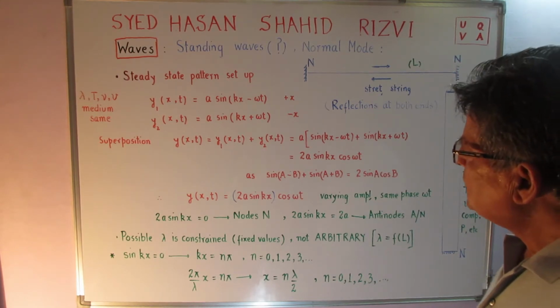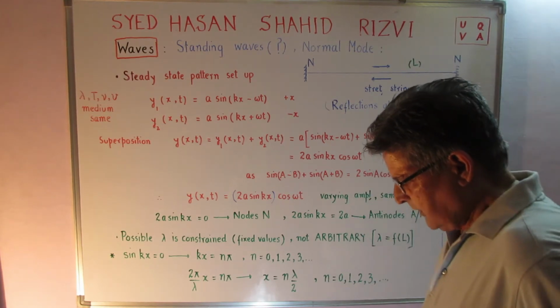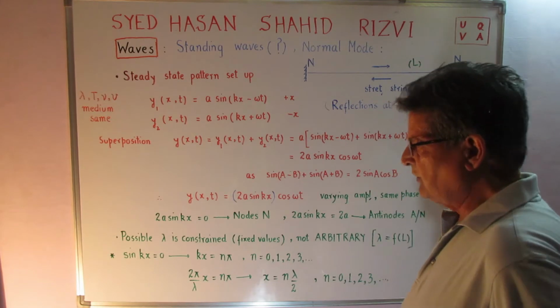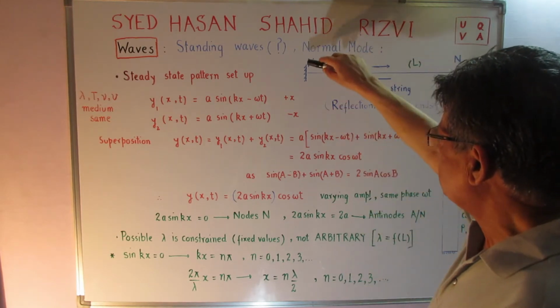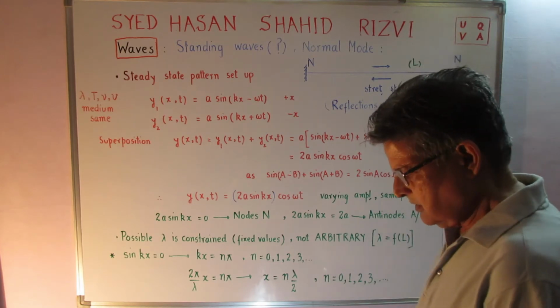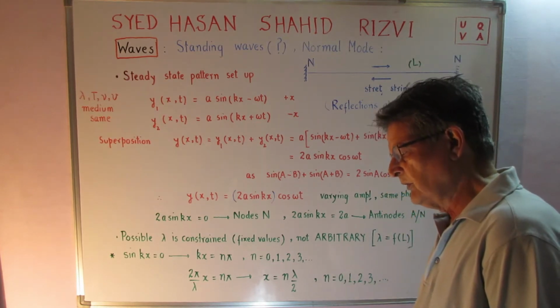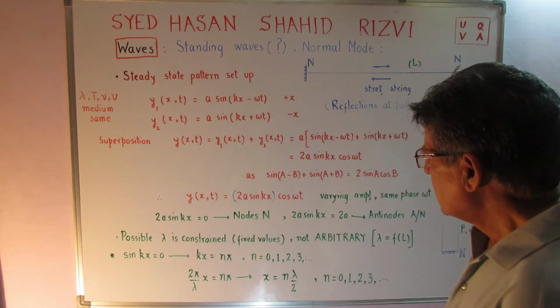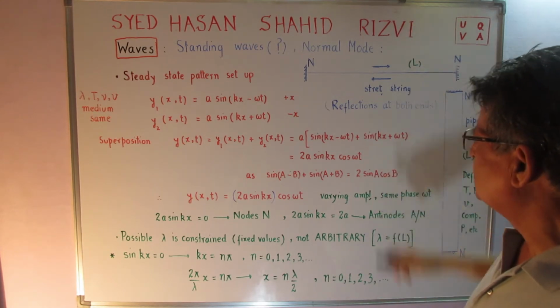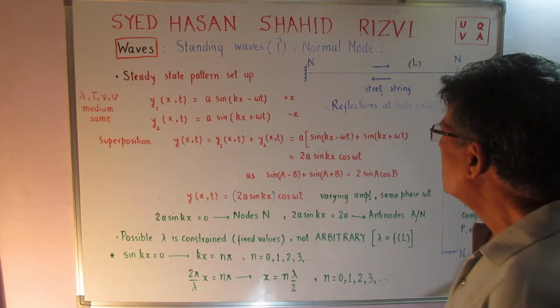Now what we are going to study in this case is that there are two reflecting surfaces, two rigid bodies, between which the string is stretched and then some kind of vibrations are made to move on the string. How come? I leave it to you, and I will tell you also later on.